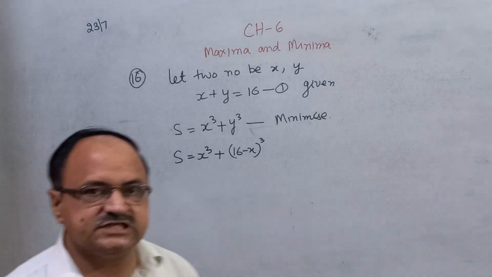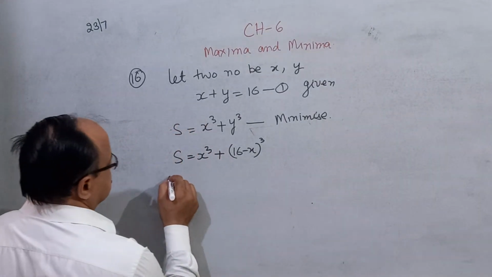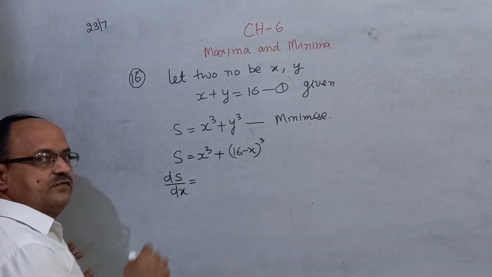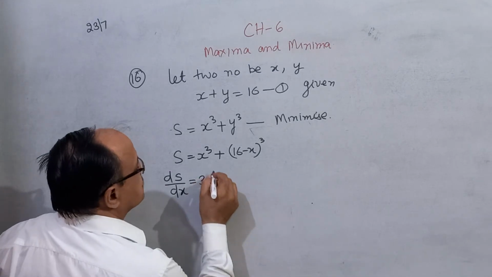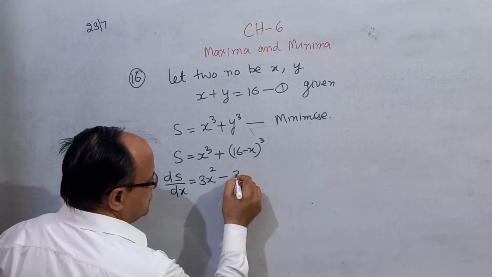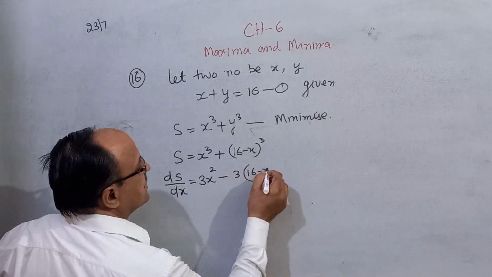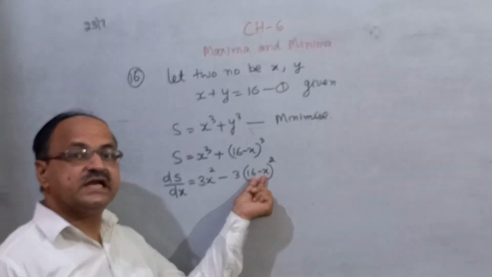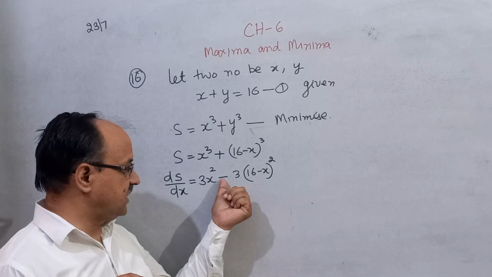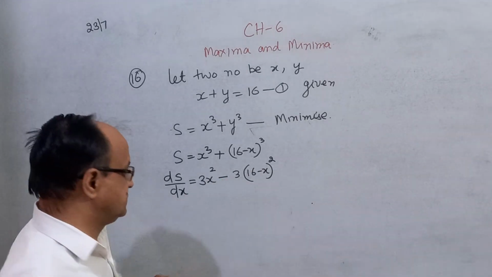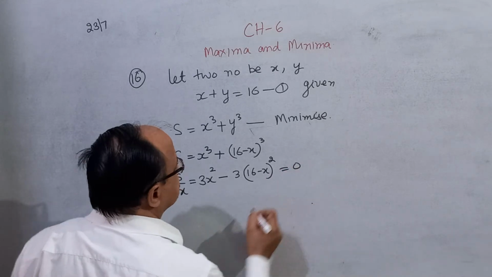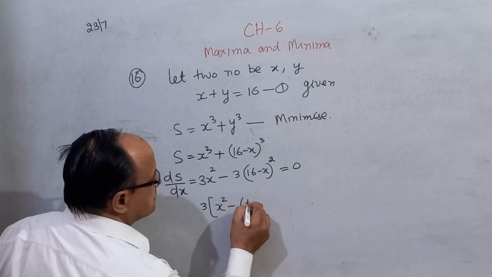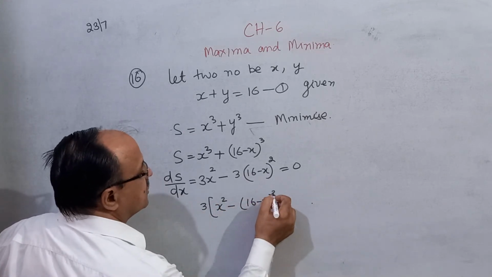Now differentiate both sides with respect to x. ds by dx: derivative of x cube is 3x square, and derivative of this is 3 times 16 minus x whole square, and the derivative of 16 minus x is minus 1. Multiply by minus 1 and put this equal to 0. Now take 3 common: x square minus 16 minus x whole square.